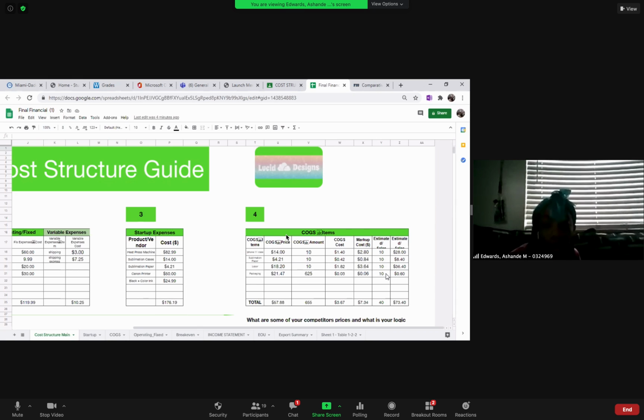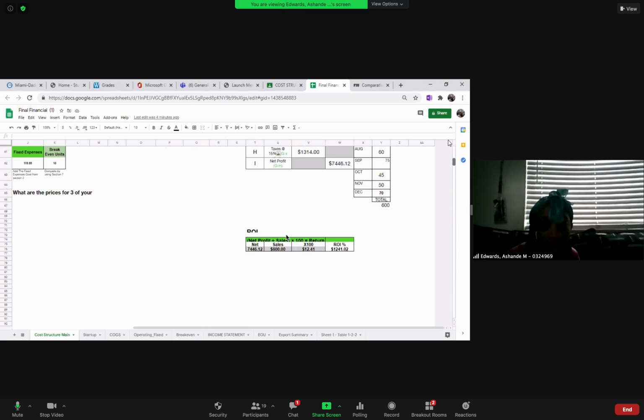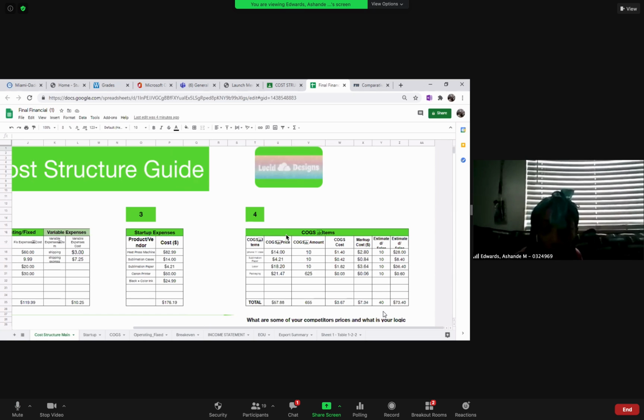I put 10 because since I'm only selling 10 up here, I wanted it to all be equal. And that formula, you have to divide, right? So you divide the cost times how much comes in a pack, and that will give you your cost by the amount. Gotcha. Wonderful. Yes.